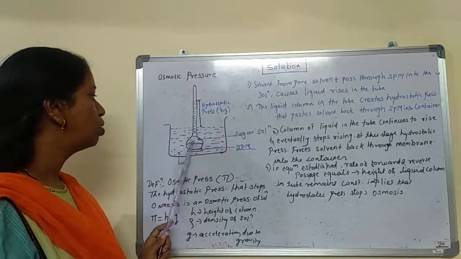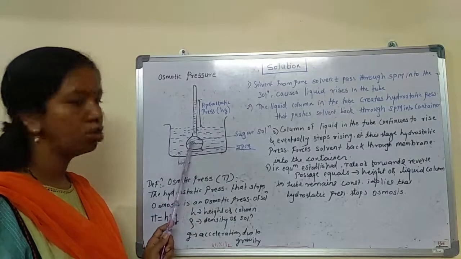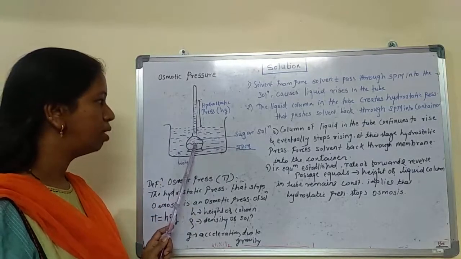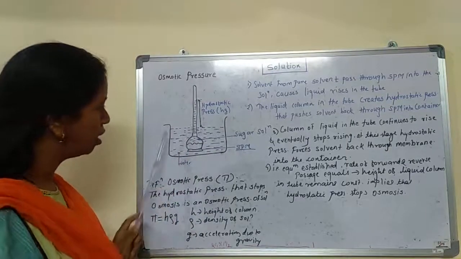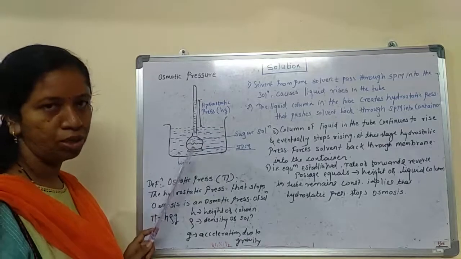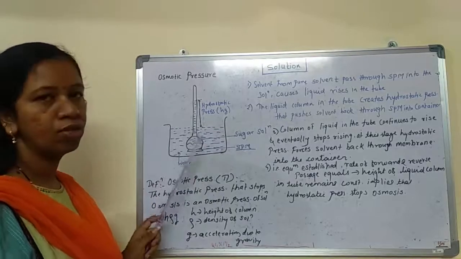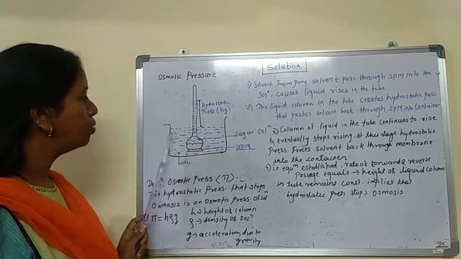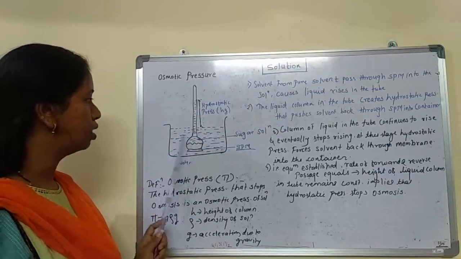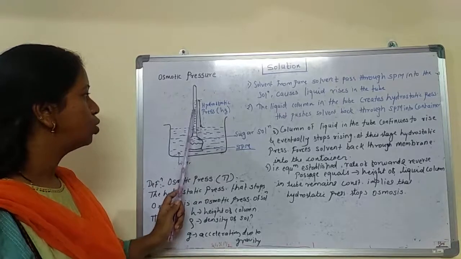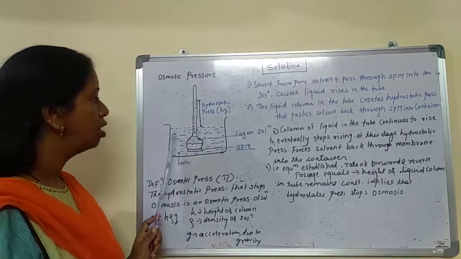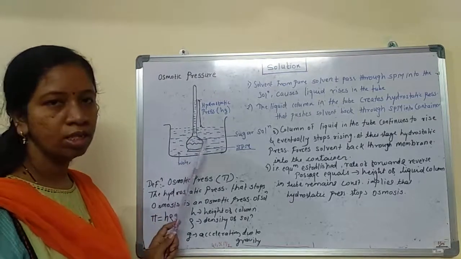The mouth of the thistle funnel is closed with a semi-permeable membrane, and the funnel is kept in this container in the inverted position. This is the arrangement for the experiment. Here we can see the pure solvent, and this is the sugar solution in the thistle funnel. Now osmosis takes place.